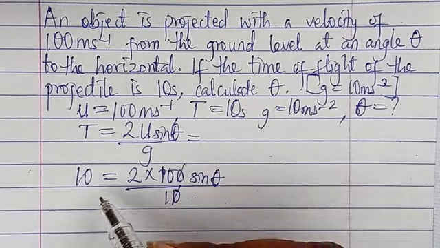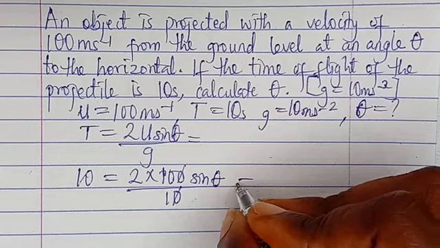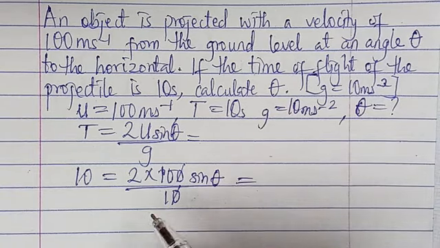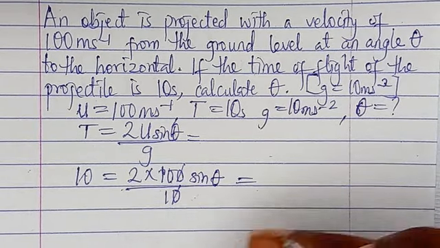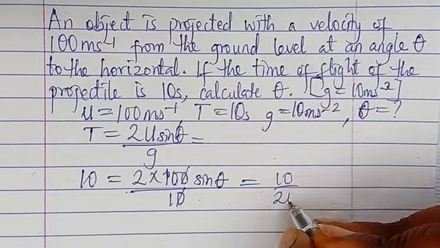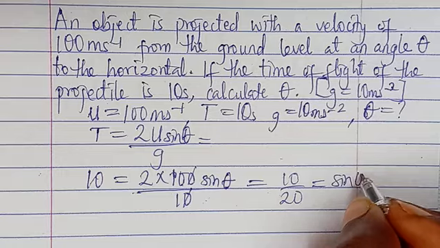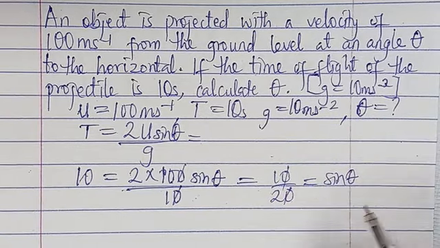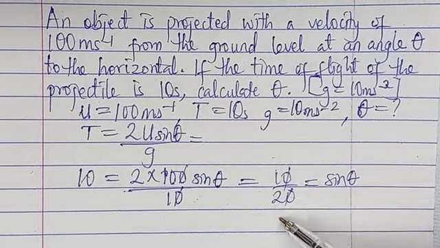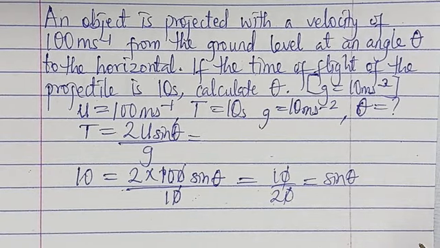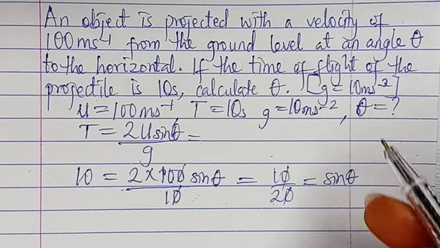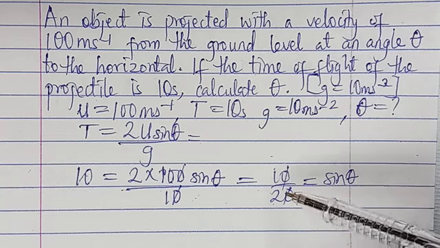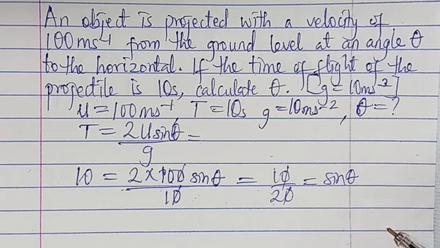Okay, so we have 20 and 10, and then this gives us 10 over 20 is equal to sine theta. And we find that half is equal to sine theta, and whenever the sine of an angle is half, we know that that angle is 30 degrees.